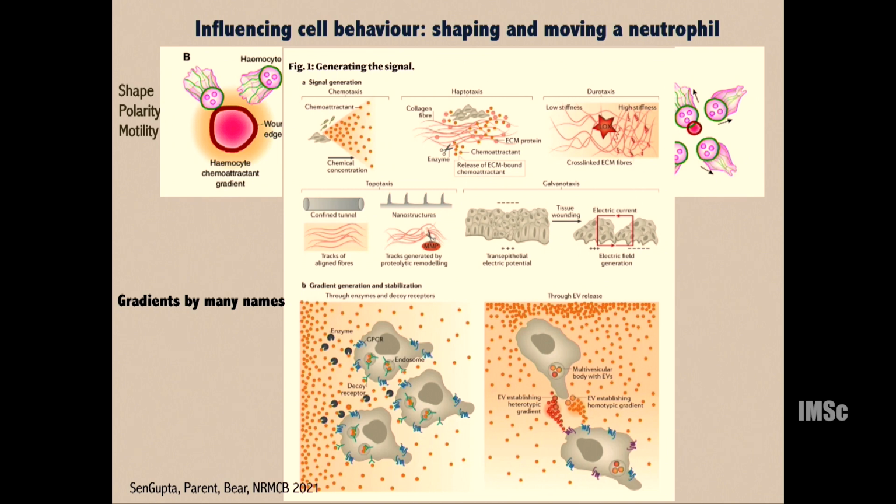And so a number of different kinds of signals could attract cells to move towards it. And I just want to use this slide here to say that signal doesn't always have to be a chemical that has a gradient, although this is really the most common way of generating a signal, right?